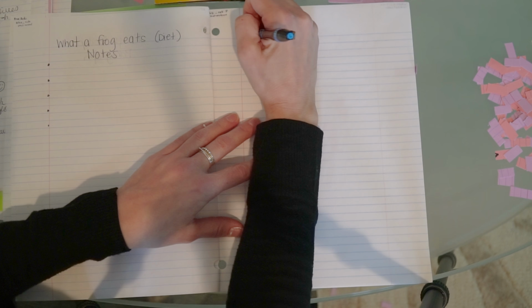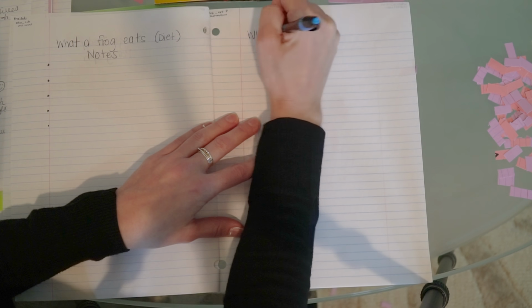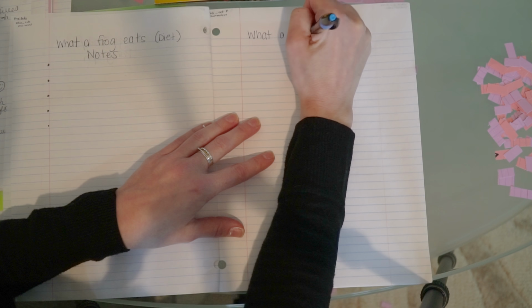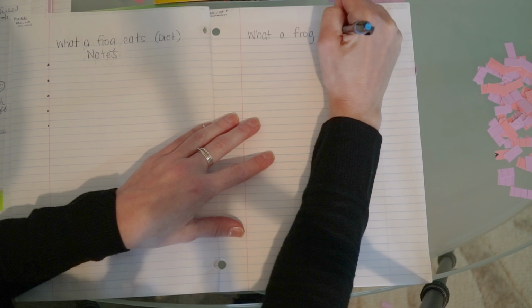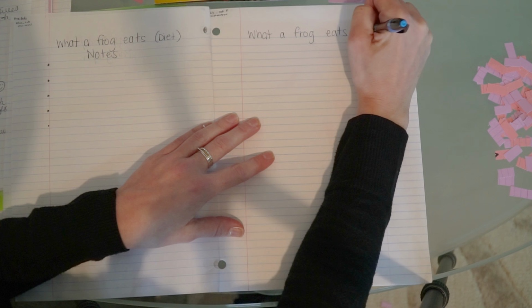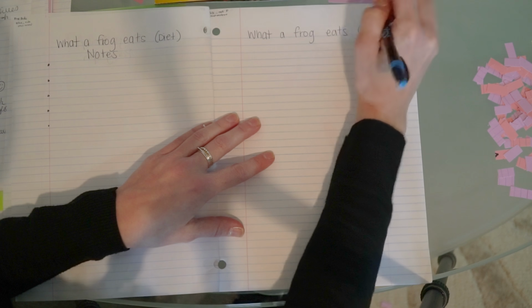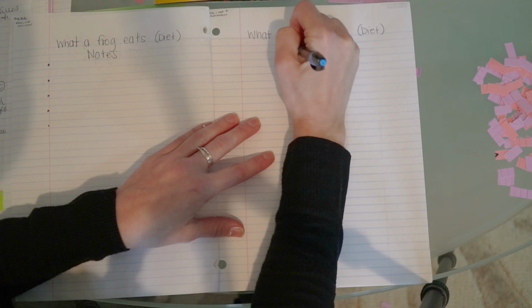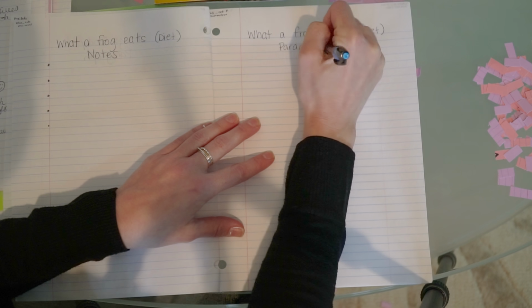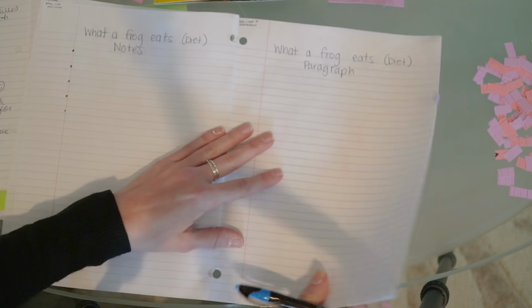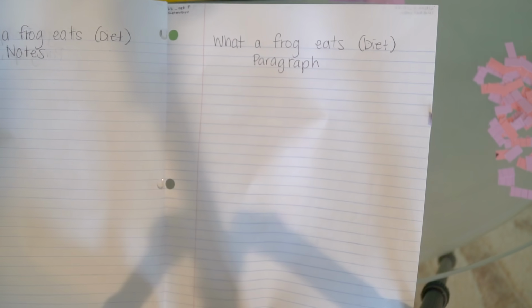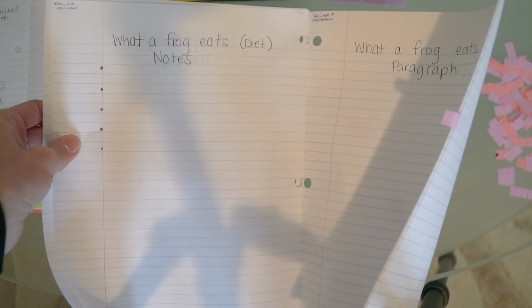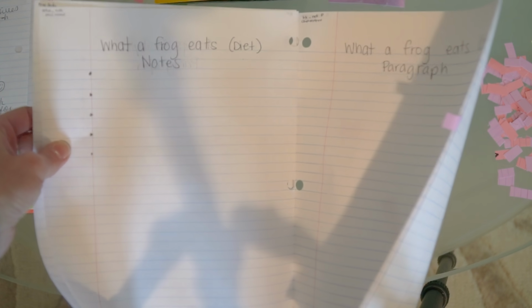So I'm going to write what a frog eats, or their diet. This is going to be where you write your paragraph. So I'm going to write paragraph over here so I know that that's where my writing is going to go. Okay, what a frog eats, paragraph, and what a frog eats, notes.